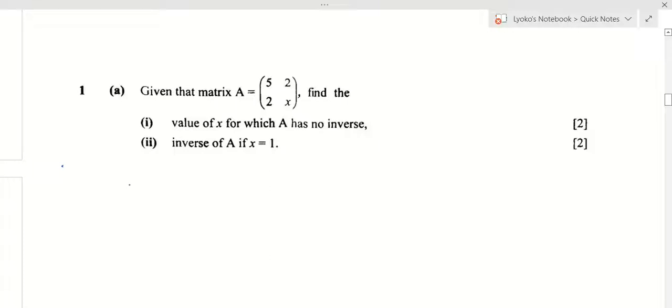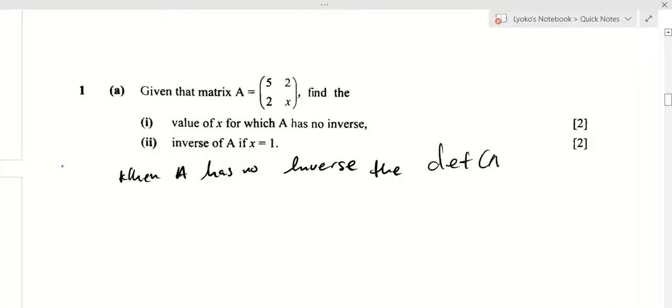So how do you tackle that? When A has no inverse, then the determinant of A is equal to 0. Now how do we find the determinant?